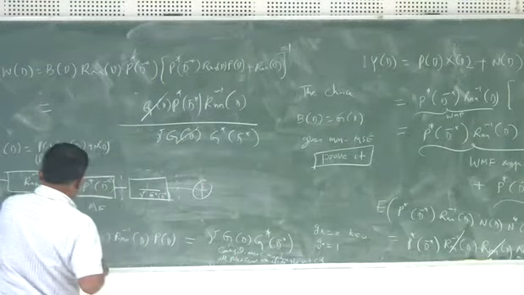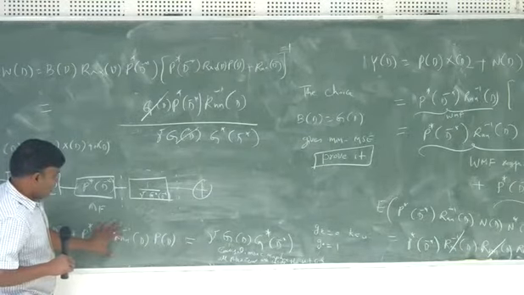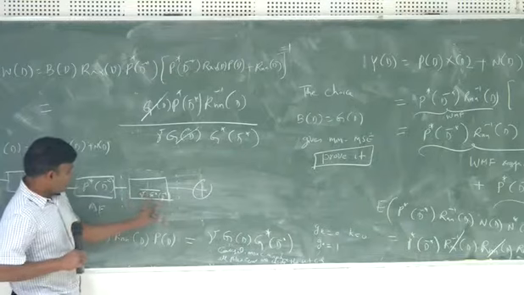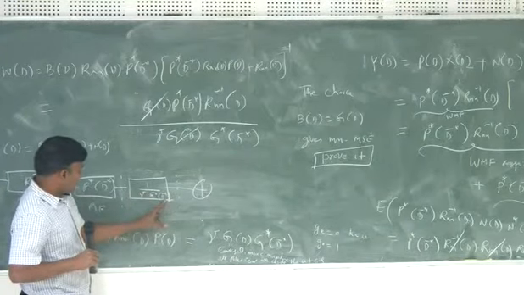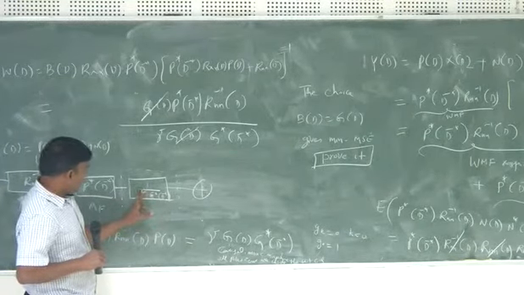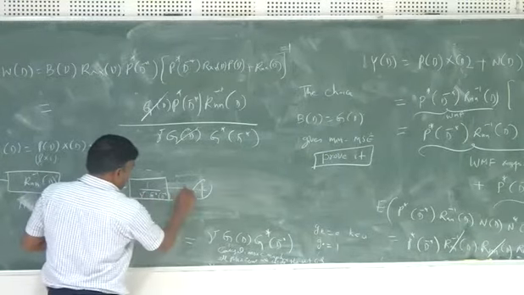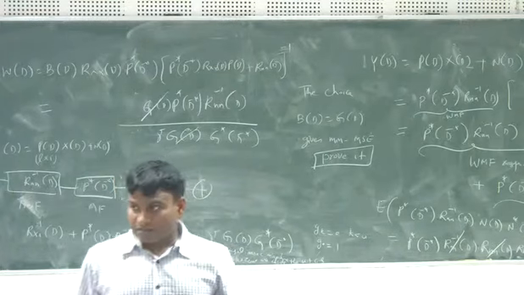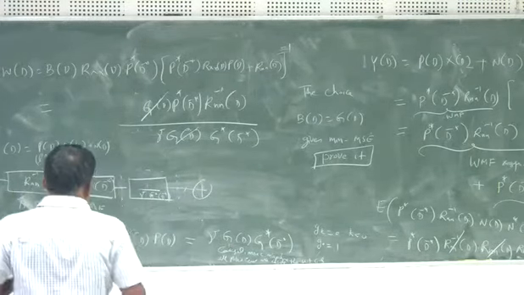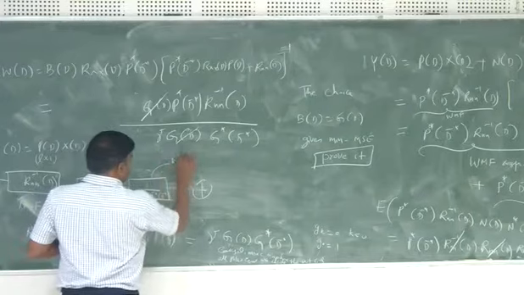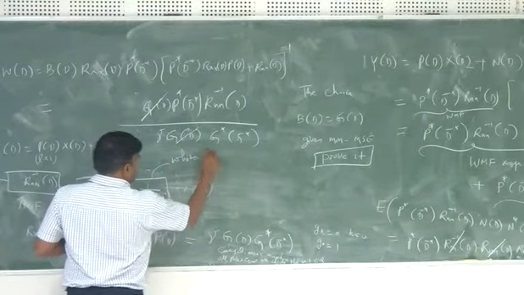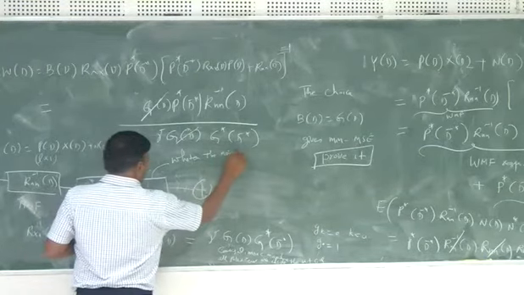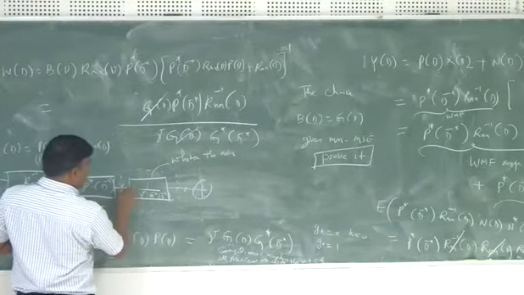Well, let's drop this term. This is the covariance, and if I go through this filter 1 over G star D inverse, the covariance of the new noise at this point will be white. This filter whitens the noise at this point.